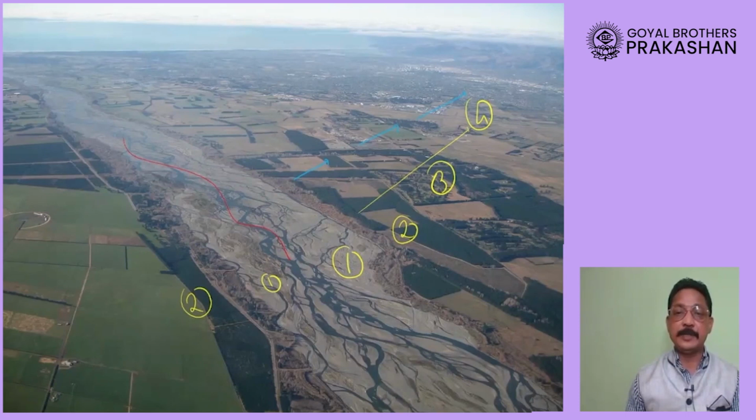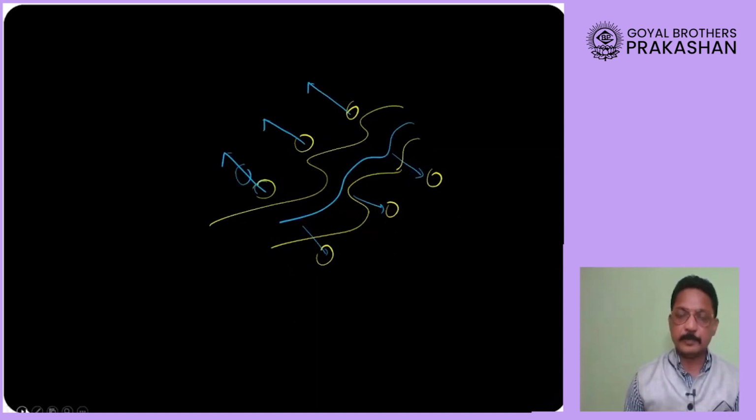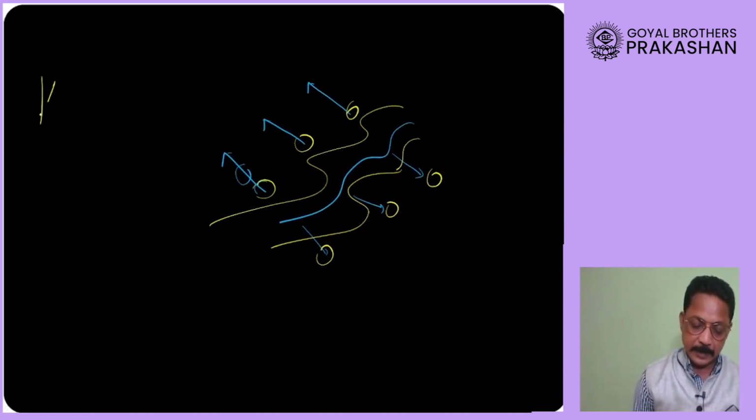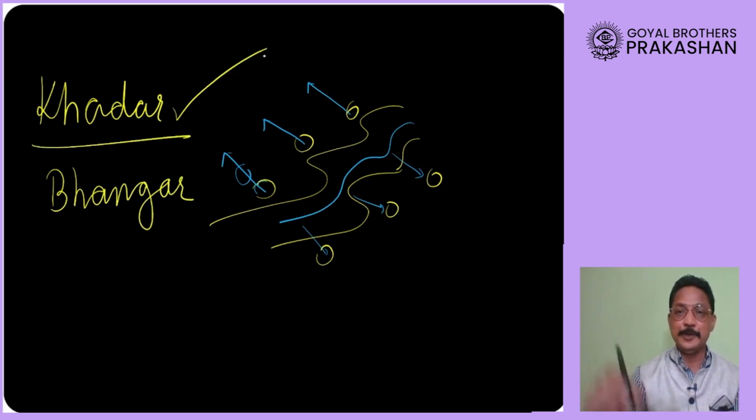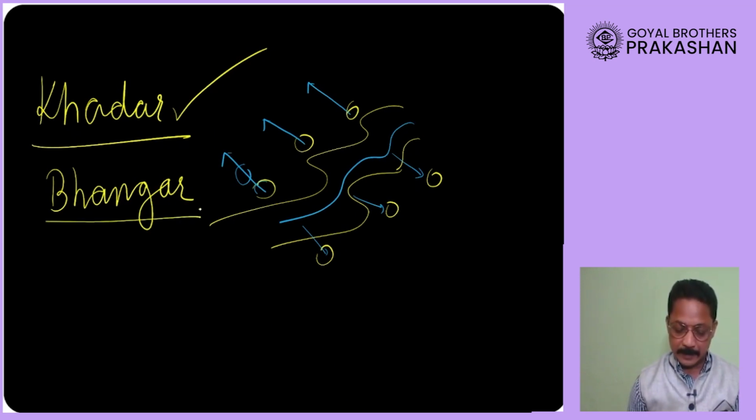Bhangar means old. So if a question is asked that out of these 2, khadar soil and bhangar soil, which do you think is more fertile? You are correct. Because khadar is new soil, it is more fertile than bhangar soil.